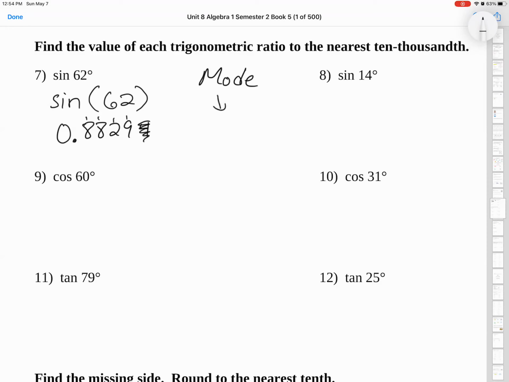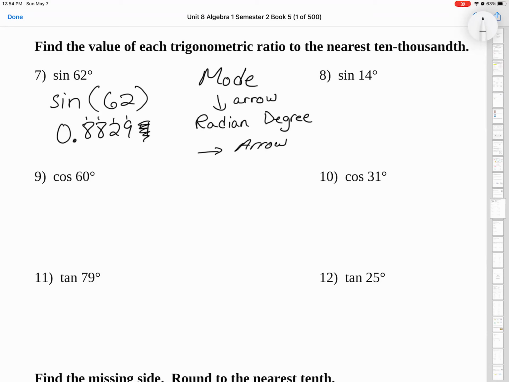So down arrow, until you get to radian/degree. And what we need to do, I think it's like the third option. What we need to do is scroll over arrow, and we need our values to be in degree mode. So make sure that it's highlighted on degree mode.